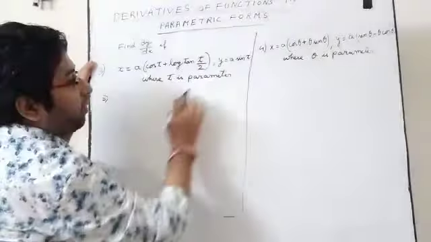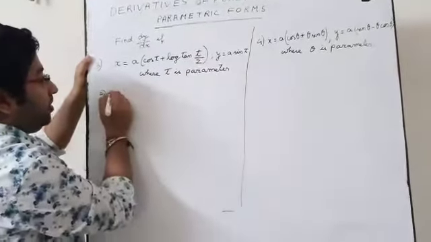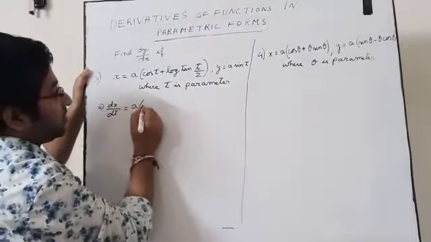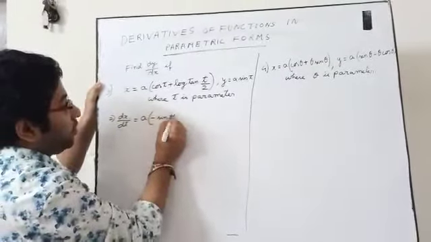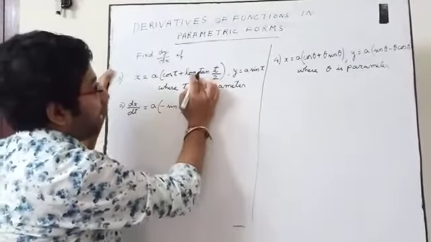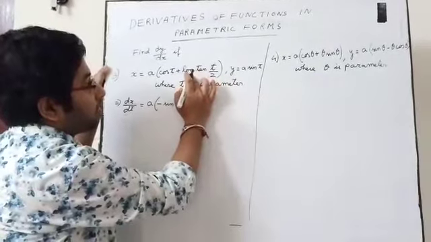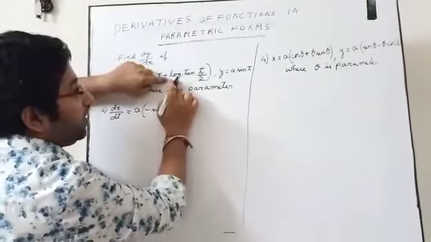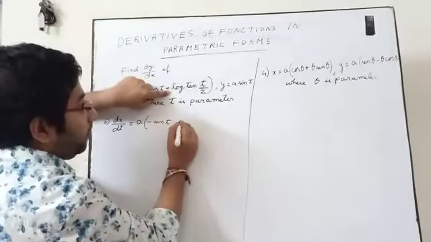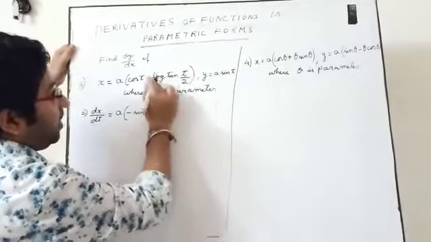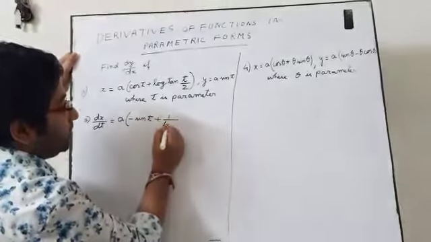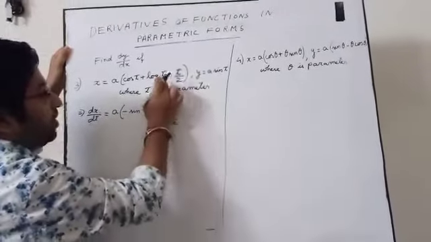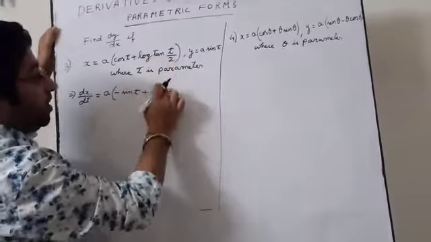This form is called parametric form. These are types of parametric forms. So dx by dt: a is constant, d/dt of cos t is minus sin t, comma, log tan t by 2. First chain rule: you have to complete the derivative of log. What is the derivative of log? Minus sin t plus 1 by tan t by 2. The derivative of log x is 1 by x.